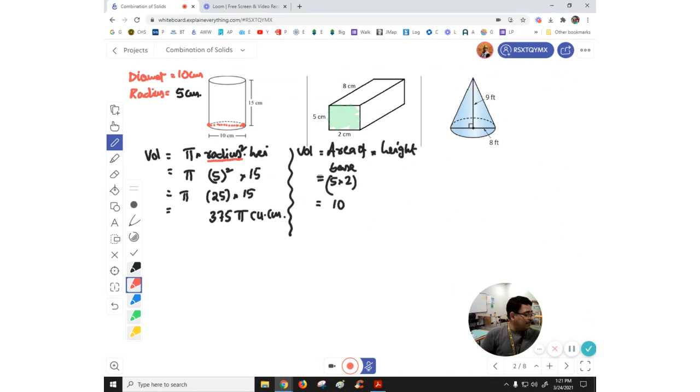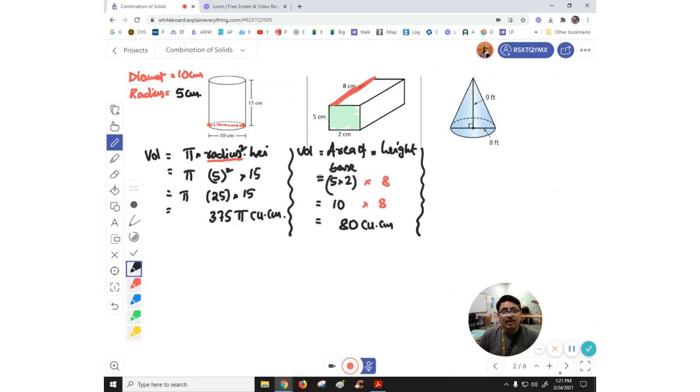As I mentioned before, if the block is made to stand up, this becomes the height. Therefore, height is 8 units. 10 times 8 gives me 80 cubic units or cubic centimeters. I'm done with the second one.